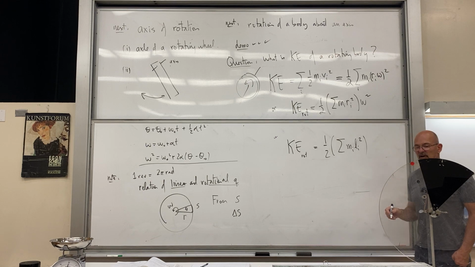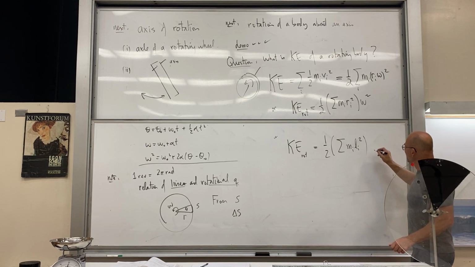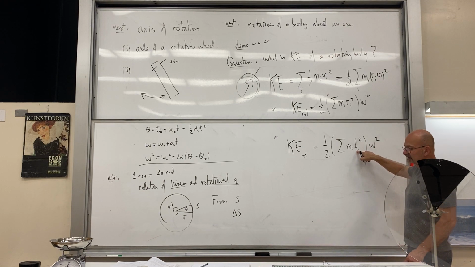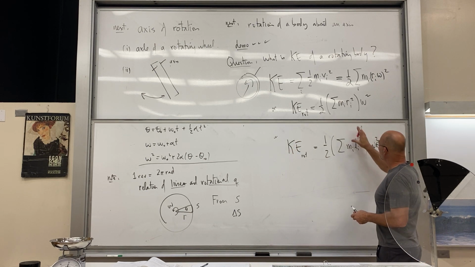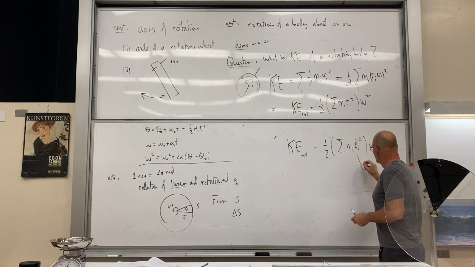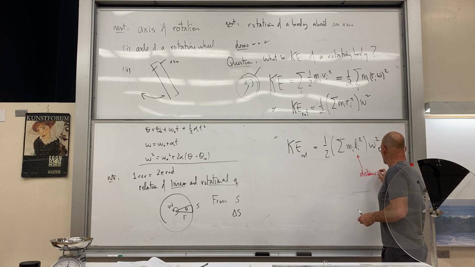It's just another letter, but it's important because this is the distance from the axis of rotation. It's not just any old radius, it's the distance from the axis of rotation.